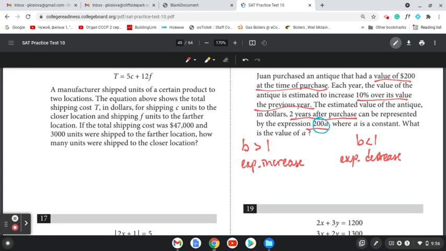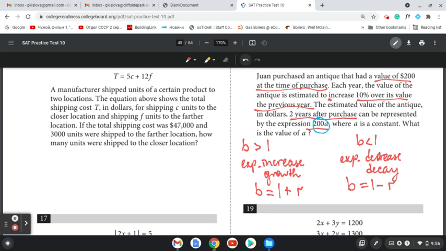Now, how do we get B? B always equals 1 plus the rate of change if it's an exponential growth, or 1 minus the percentage change, the rate of change, if it's an exponential decay.